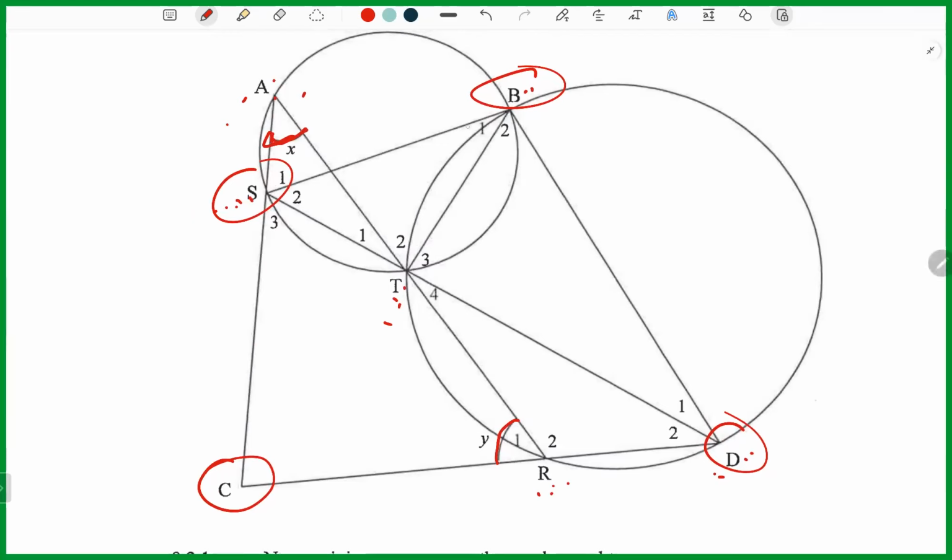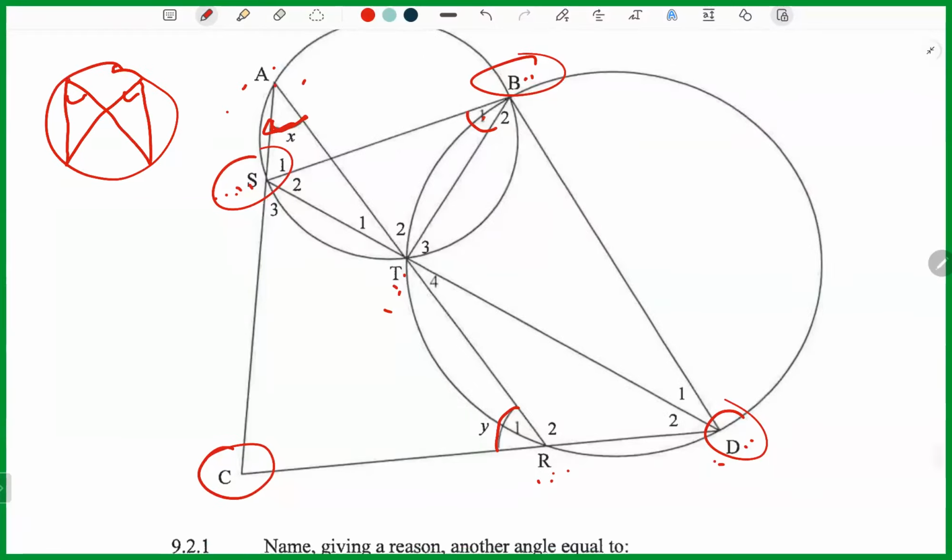Is the angle B1 because of this theorem here. So if you have this, you have this and that. This angle here is equal to this angle there, the angles in the same segment. So we then say B1 is indeed equal to X because of the angles in the same segment.